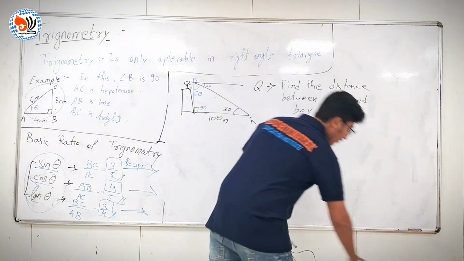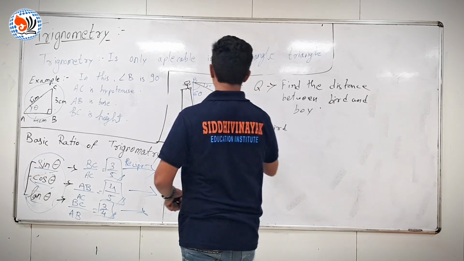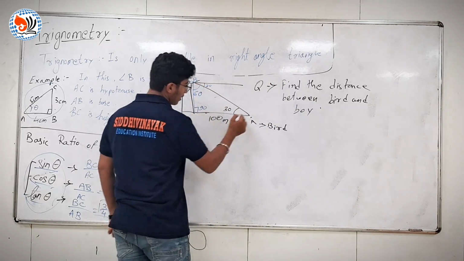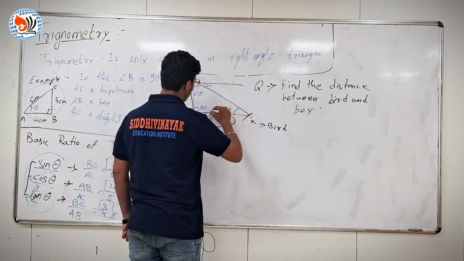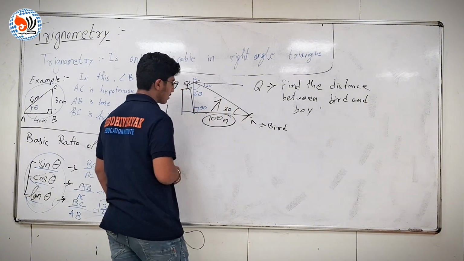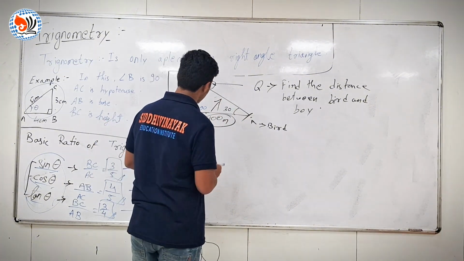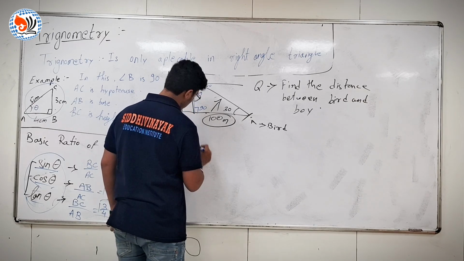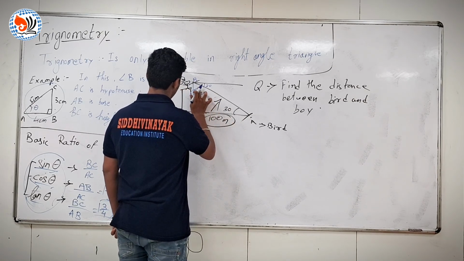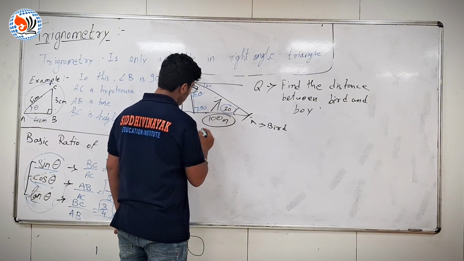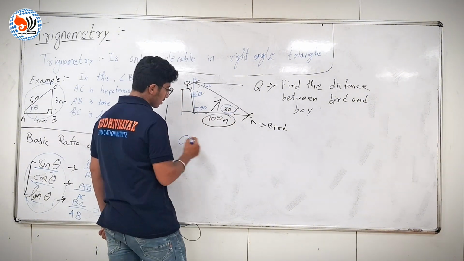Now in this we have to find the distance between B and A. We have been given this side and we have to calculate the hypotenuse. So we can take cos 60 or cos 30 to calculate the hypotenuse.